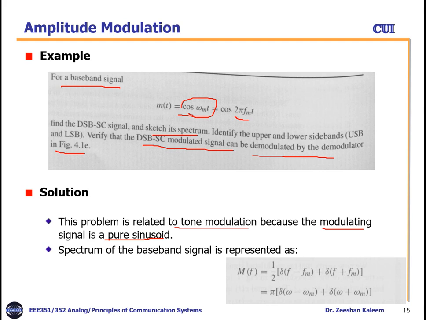Solution: the spectrum of the baseband signal is represented. This message signal is cos omega m t. We already proved that in the last lecture with the Fourier transform. That's why I told you these Fourier transforms are very important. In the whole course, we will again use the Fourier transform to represent the same signal in the frequency domain.